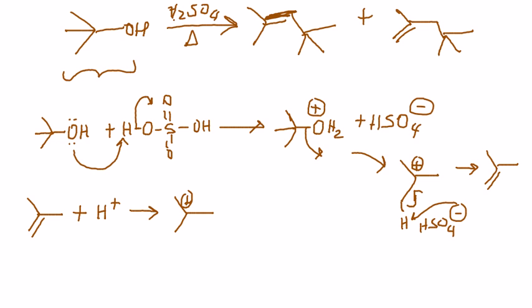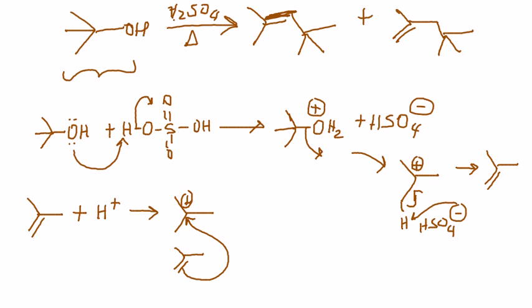So that's going to be your more predominant or more stable carbocation, and you have another alkene which is going to attack at that particular carbon. So one molecule is going to act as the nucleophile, the other is going to act as the electrophile.